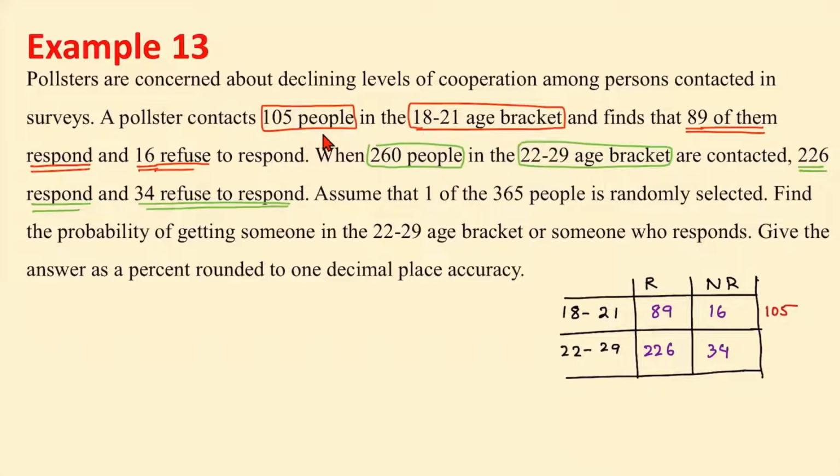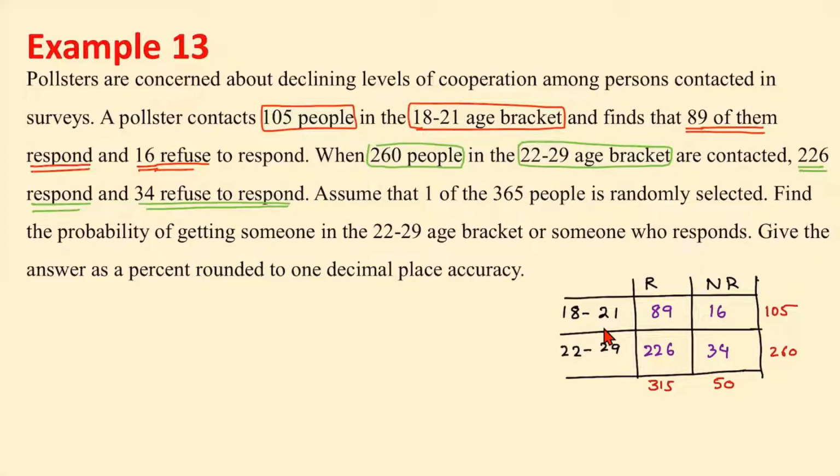If we add these two, it will be 260 people in this age group. The number of people who don't respond is 50. The number of people who responded is 315. So we have all the information here.